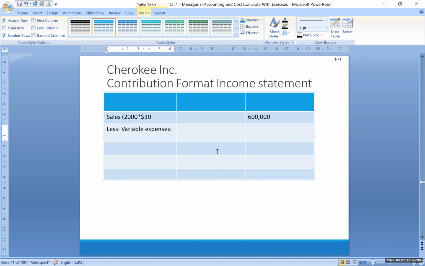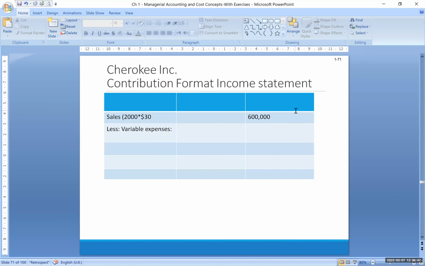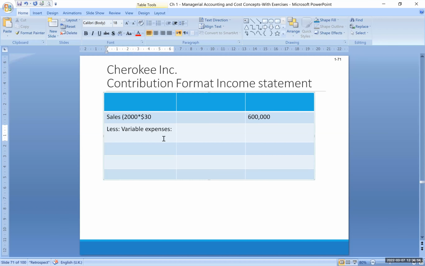The cost of goods sold here is the 160,000 calculated from the previous requirements.